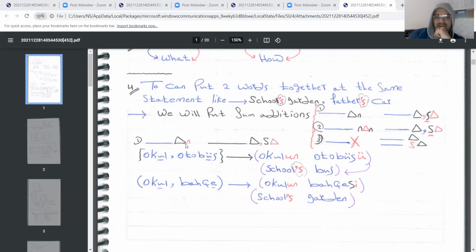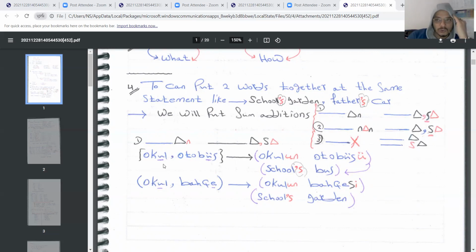Here delta will be the appropriate letter, U, and after that I will put n at the first noun. This will be something like apostrophe s at the first noun in English, like I said before, school's bus.